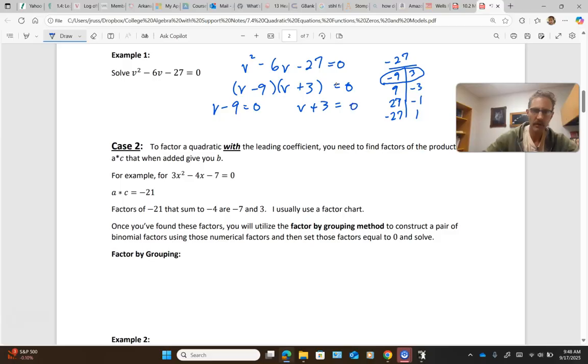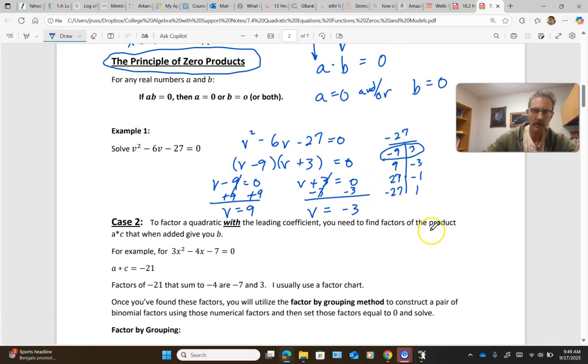Here, we need to add 9 to both sides, and we get v is equal to 9. That's a solution. Over here we would subtract 3 from both sides and get that v is equal to negative 3. So both negative 3 and 9 are solutions to this quadratic equation.